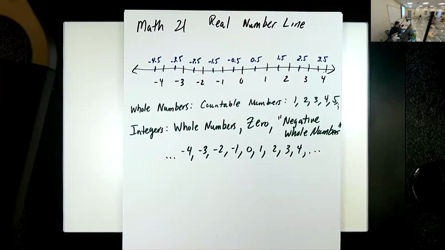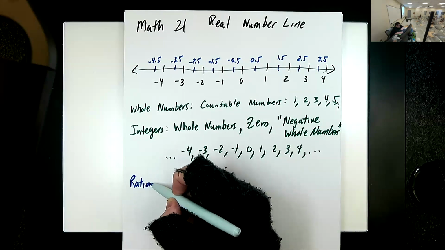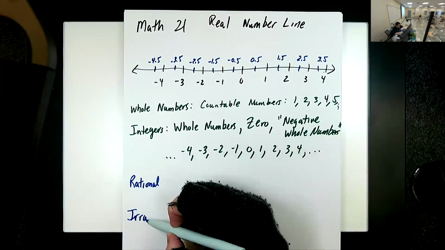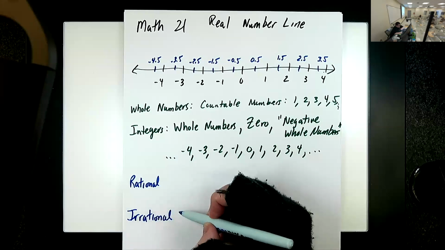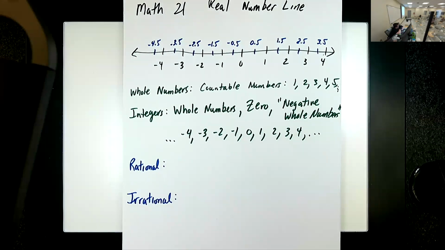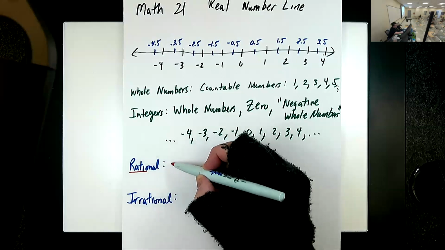All right, then there are rational numbers and irrational numbers. Rational numbers has the word ratio in it.